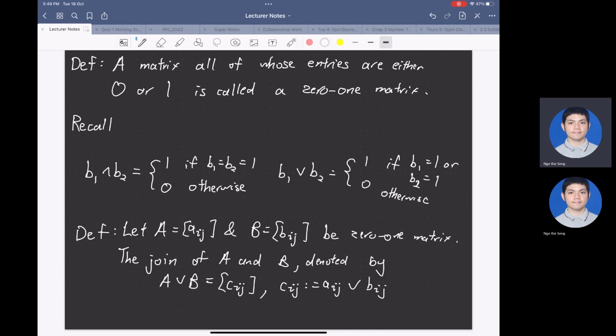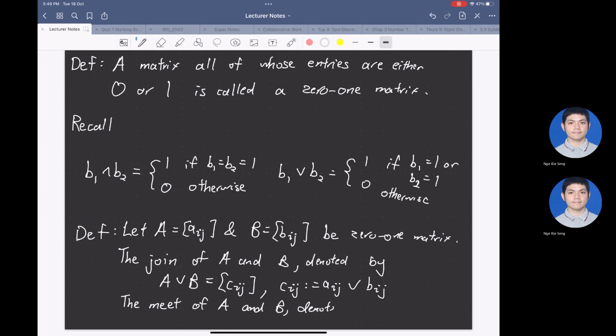You replace the plus with this OR in the Boolean arithmetic. And then the next one, the meet, is A and B, where you have to take AND for all the individual terms.